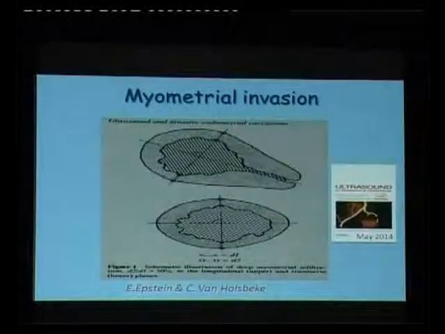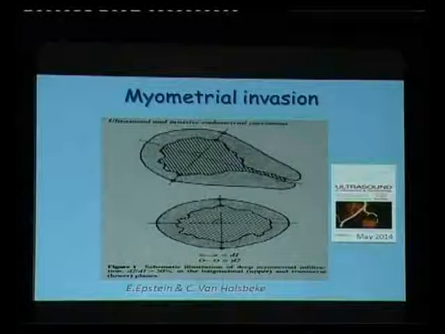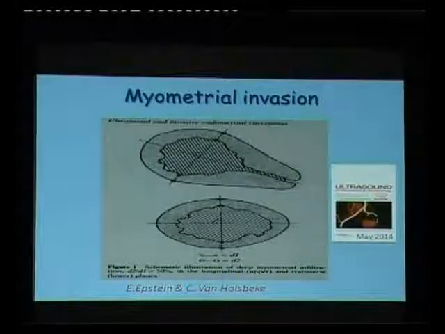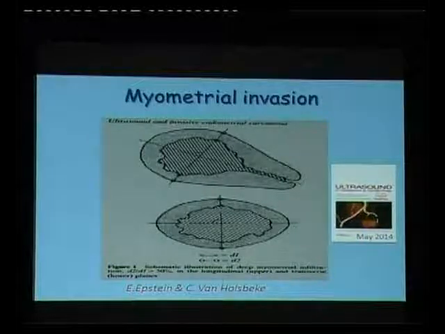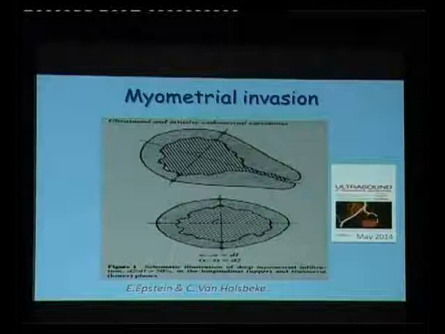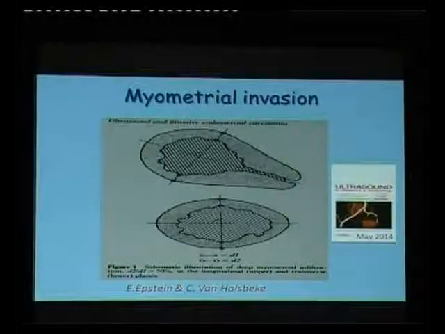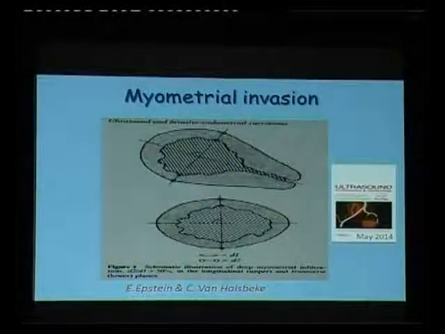Now, coming to myometrial invasion, these are the parameters that can be depended on objectively. We need to evaluate the AP diameter of the uterus as well as the AP diameter of the endometrial lesion. If the diameter of the endometrial lesion divided by the diameter of the uterus is more than 50%, we have to strongly suspect the possibility of a myometrial invasion.